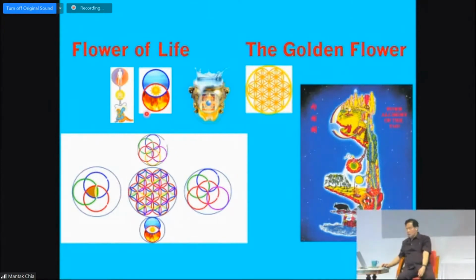Currently, we say water and fire, and that is the first form of the petal of the flower.